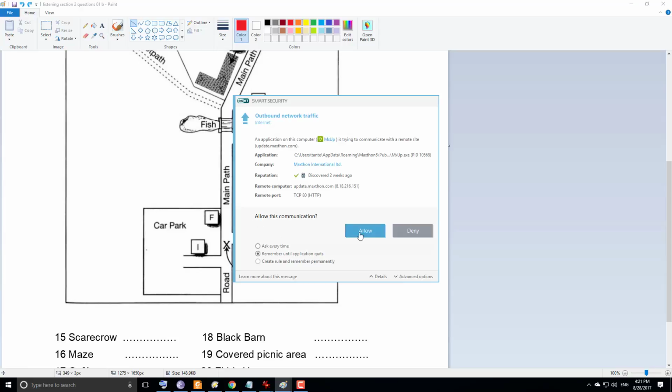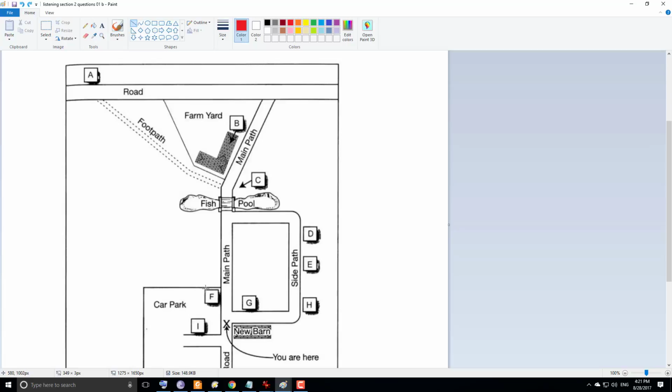So these boxes here that are labeled A, B, C, and so on, we don't need to spend too much time on these because it's impossible to predict what they are since most of them look exactly the same.